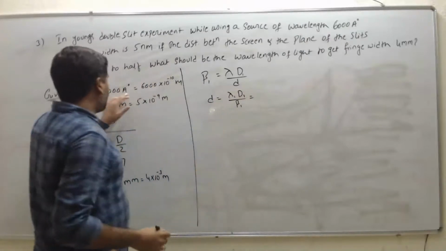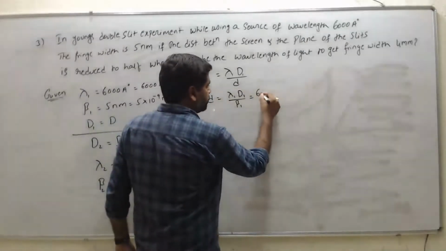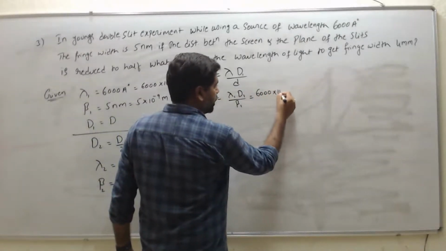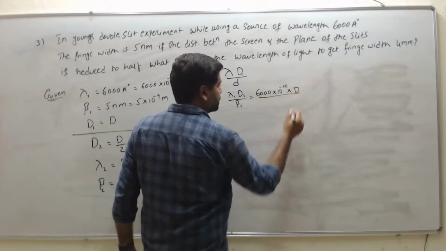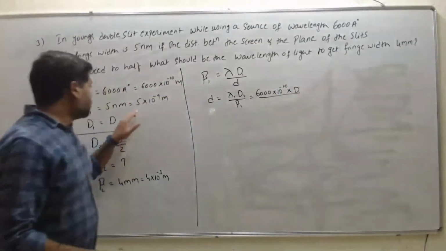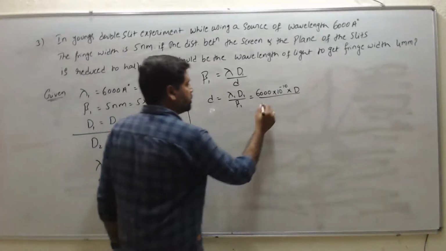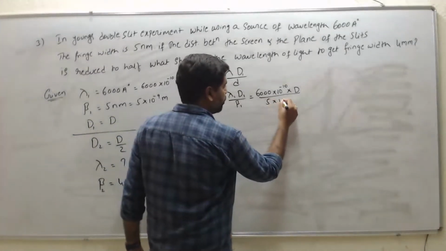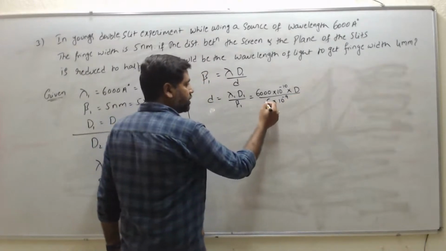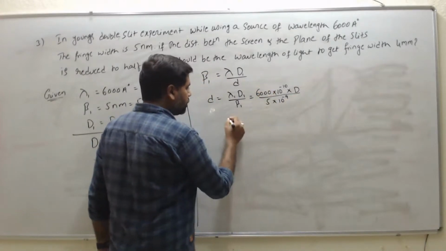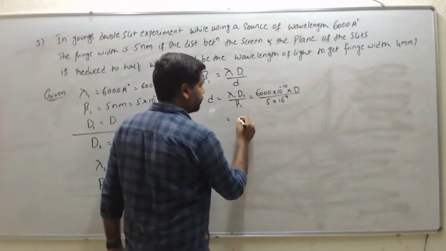The wavelength lambda 1 is 6000 into 10 to the power of minus 10, D1 is taken as D, beta 1 is 5 into 10 to the power of minus 9.